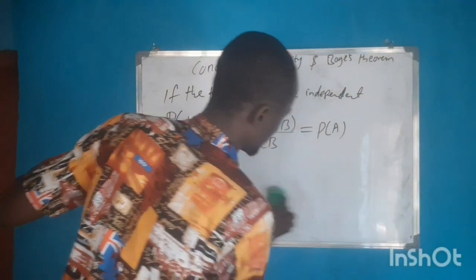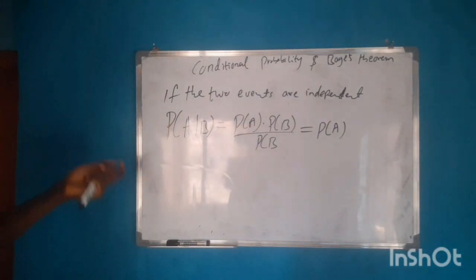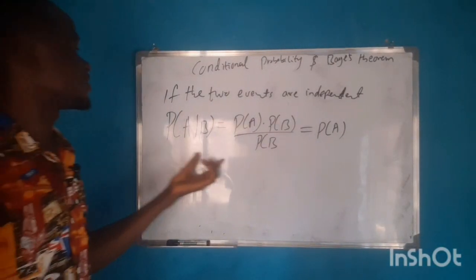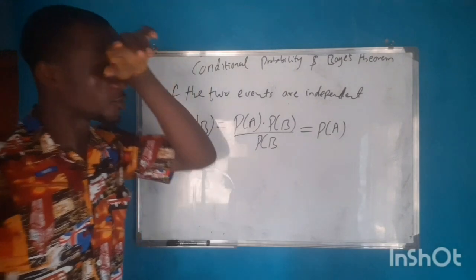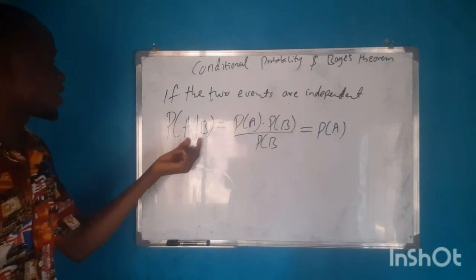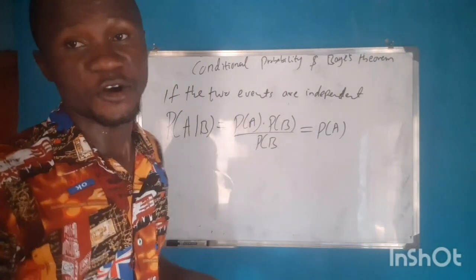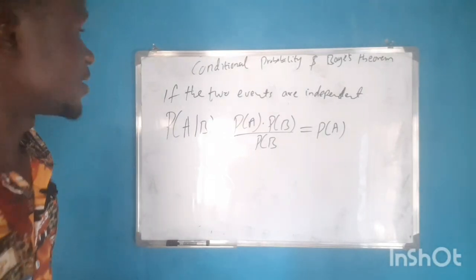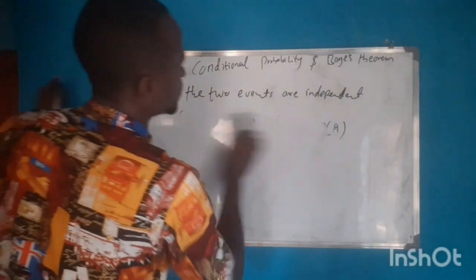I stated in our previous class that two events A and B are said to be independent if the occurrence of one does not affect the occurrence of the other event. So let's quickly look at one example.